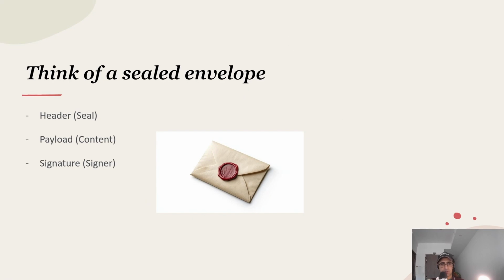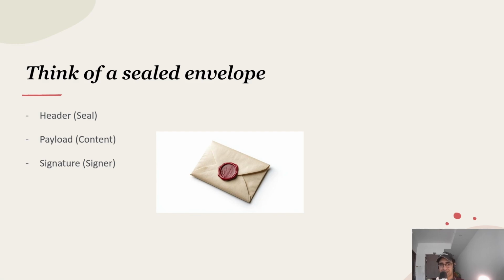For a better understanding, I would like to take this analogy, for example. Think of a sealed envelope which consists of three main parts: the seal, the content of that envelope, and the signer or the signature written on the back of that envelope, right? The seal is a tool which has protected the content, but it is not super strong.